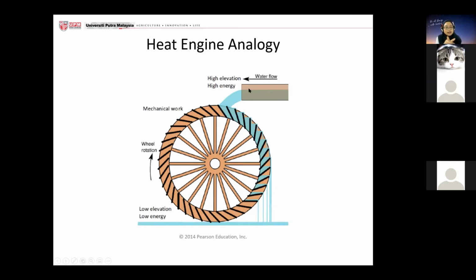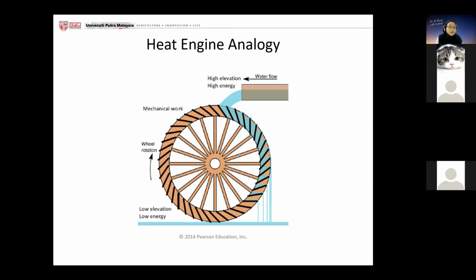As it goes from this high energy state to a lower energy, it does some work. You look at the wheel as it rotates, it generates mechanical work, and back then when they didn't have any electricity, this could be used to move something.